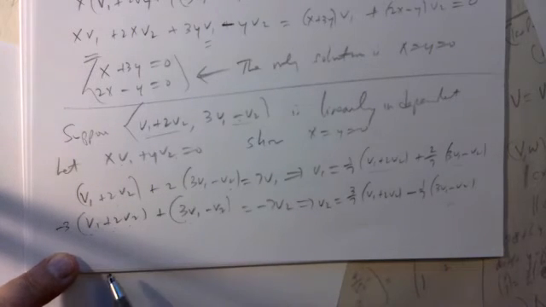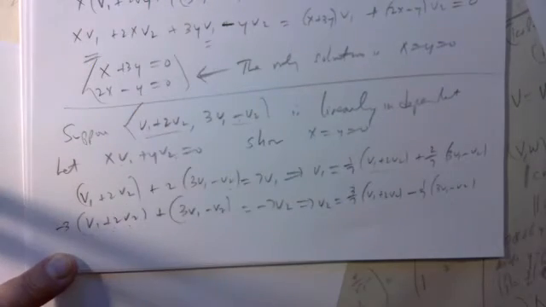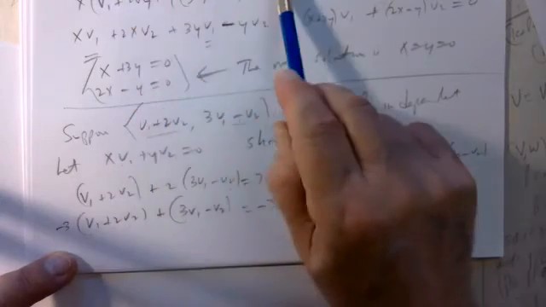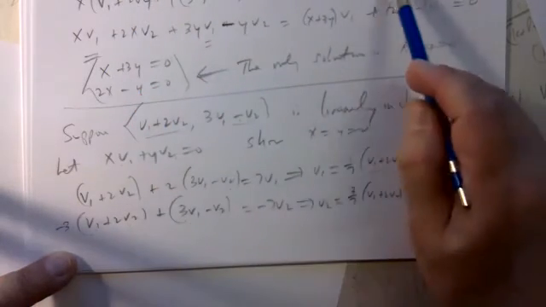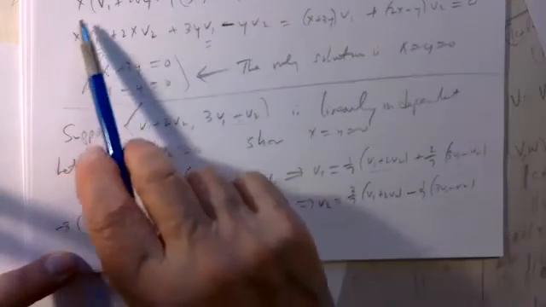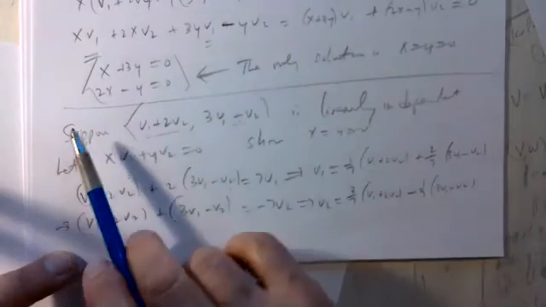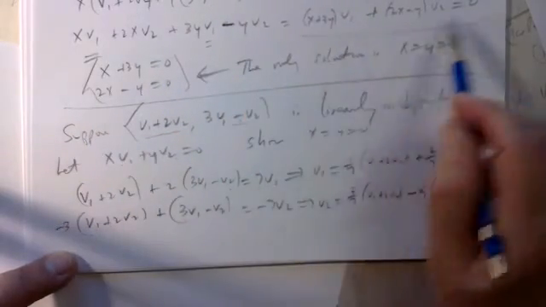Well, what did I do in the first half of the problem, which was the easier half? I knew v1 and v2 were linearly independent, and I wanted to prove these two vectors were linearly independent. If x times the first of these vectors and y times the second is 0, that gives me an equation like this.